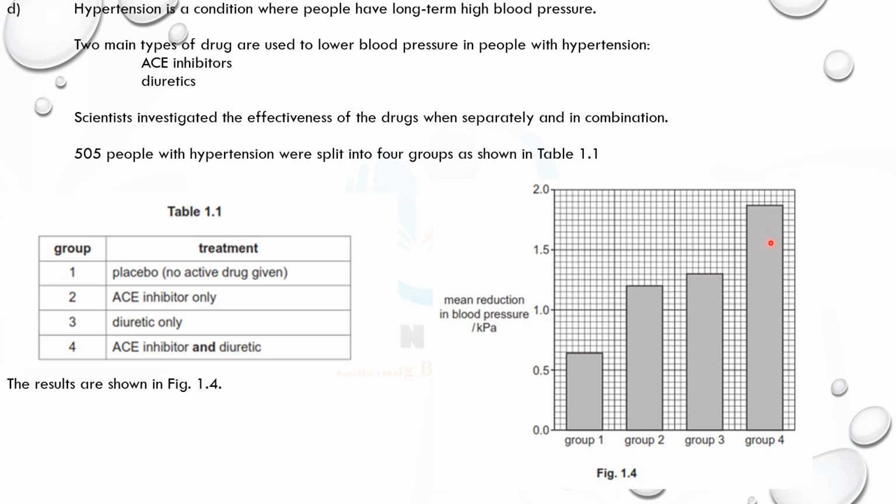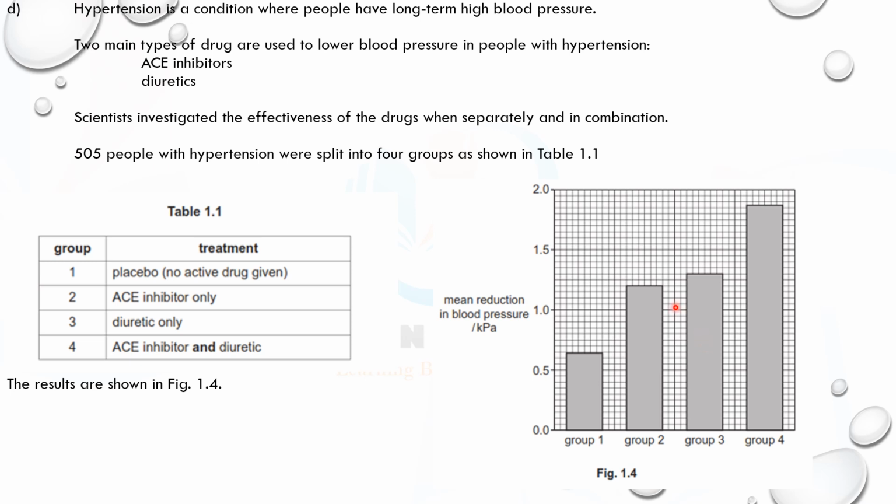However, there are no error bars, so we don't have error bars to determine whether the mean reductions in blood pressure actually overlap. There's no statistical test to use, so we can't count on that. When they say you should discuss, you should give information on both sides of the argument.